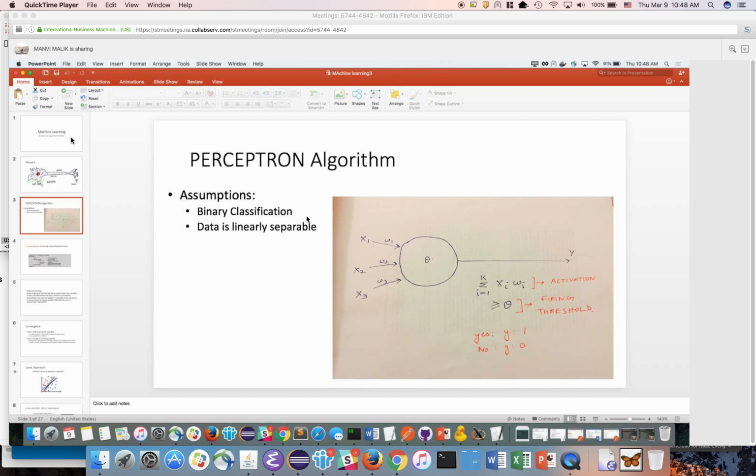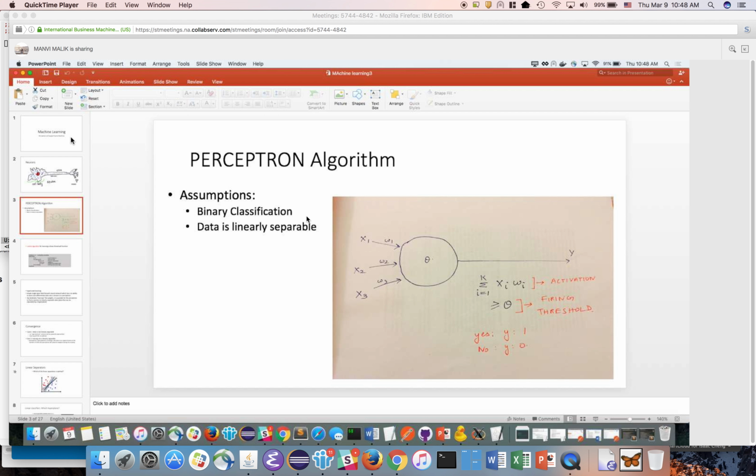And then there is a firing threshold, which decides whether your data lies in the positive category or the negative category. If this is greater than 0, then it's 1, that means positive, and if it is less than 0, then it's 0, negative.